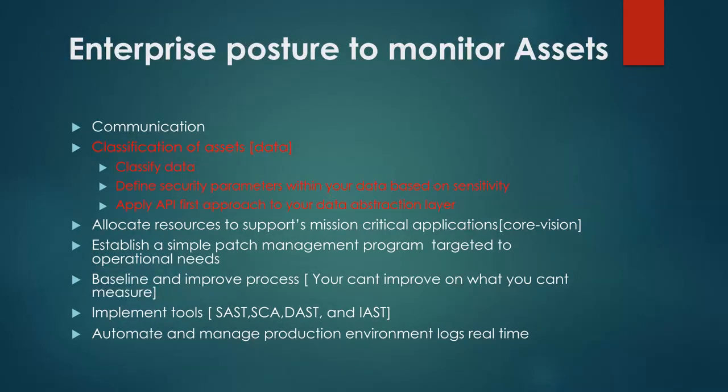On the communication side, under the classification of the asset side, you want to classify your data. You want to define security parameters within your data based on sensitivity, in terms of equipment actually being used and your IP address. If you're operating from areas where a lot of IP addresses are blacklisted, there's a red flag.